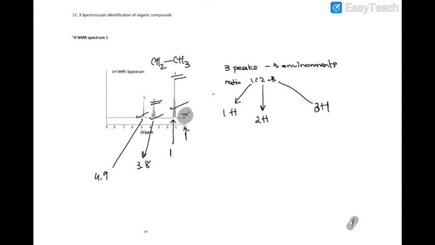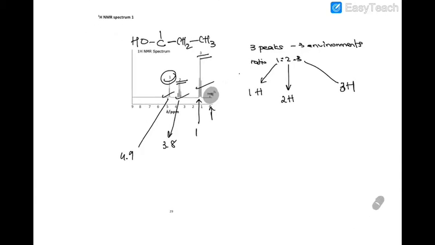And then 1 hydrogen means there is 1 hydrogen separated completely from other hydrogens. So most probably it's a carbon attached to OH. It might be a proton in an OH.